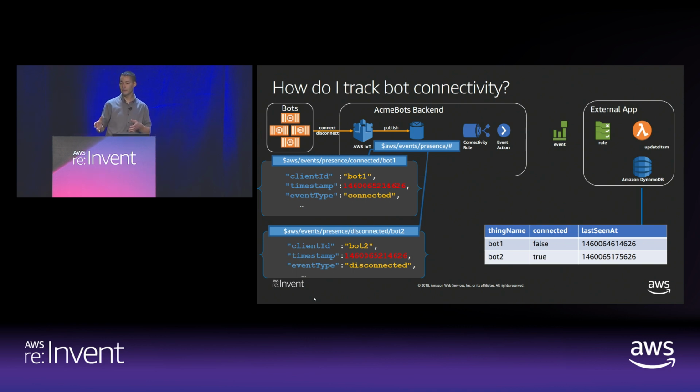We can publish our event to CloudWatch, and then another application can consume that event. So in this case, on the left-hand side, we've got our bot publishing data in terms of connectivity, whether it's connected or not. And then based on that, we can use a connectivity rule that monitors that particular topic and triggers an event action.